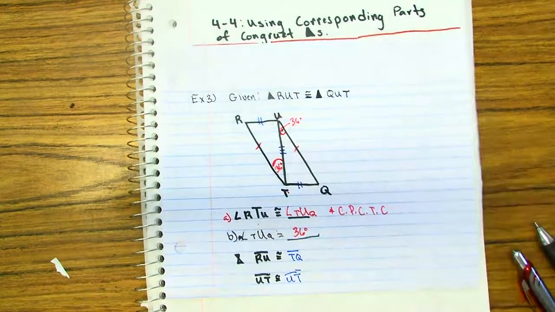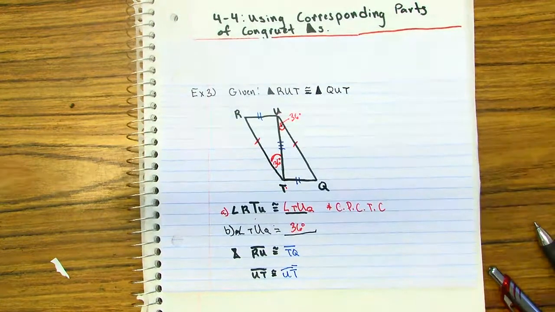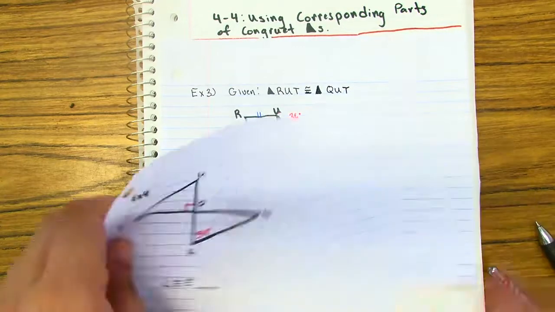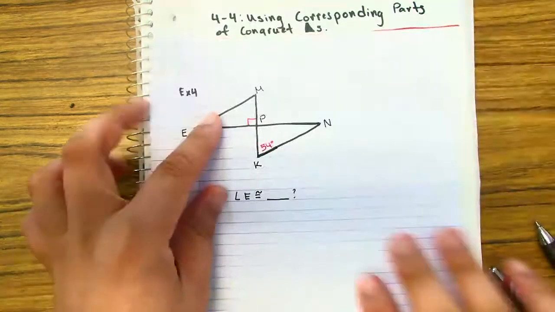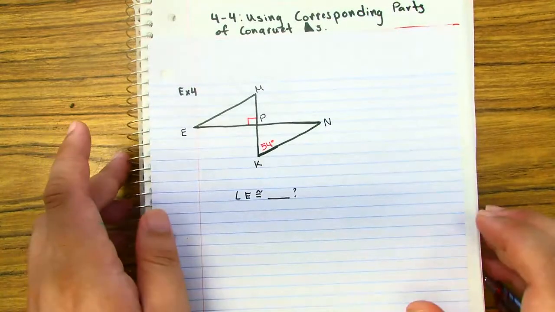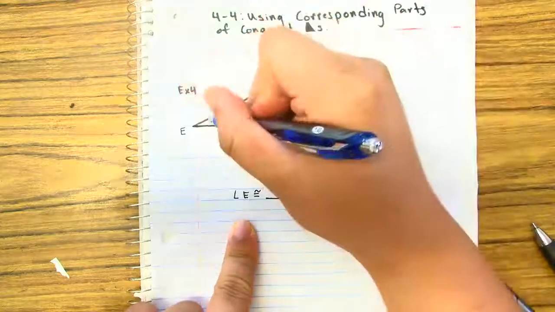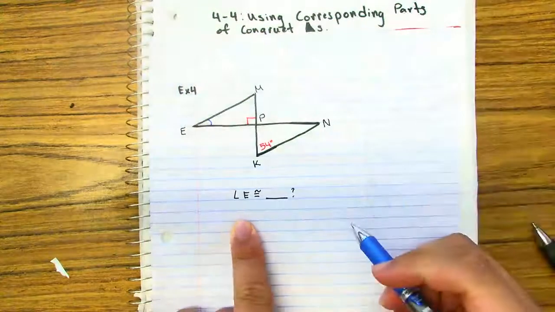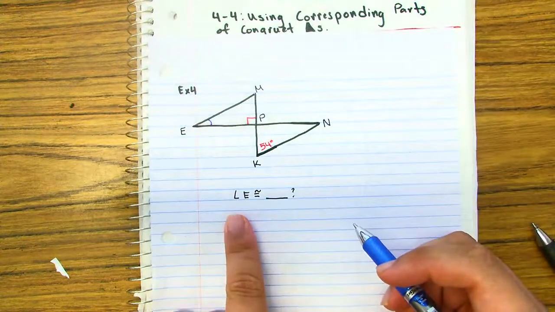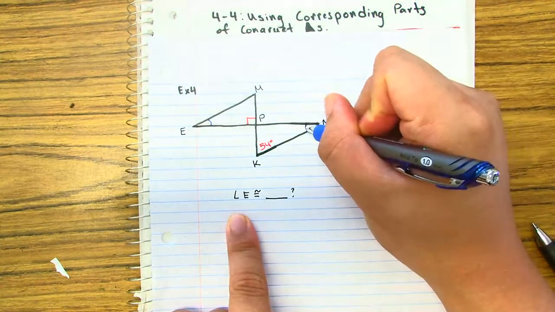Okay. That is the next example, and we'll do the last example, which is example number 4. Here the question is, what angle is angle E congruent to? Right? Here, angle E will be congruent to, you're going to say angle N. Yes.